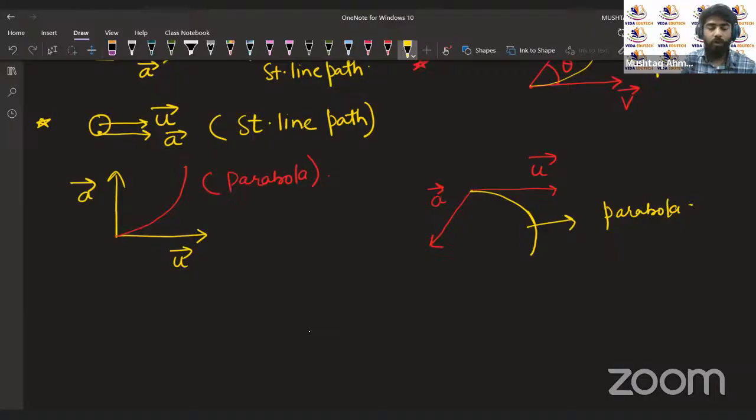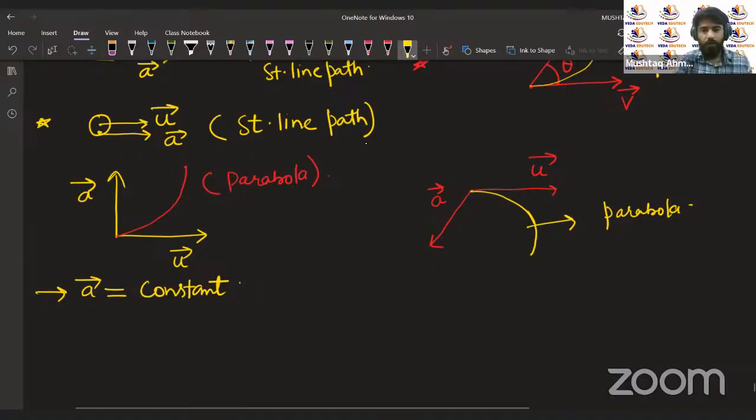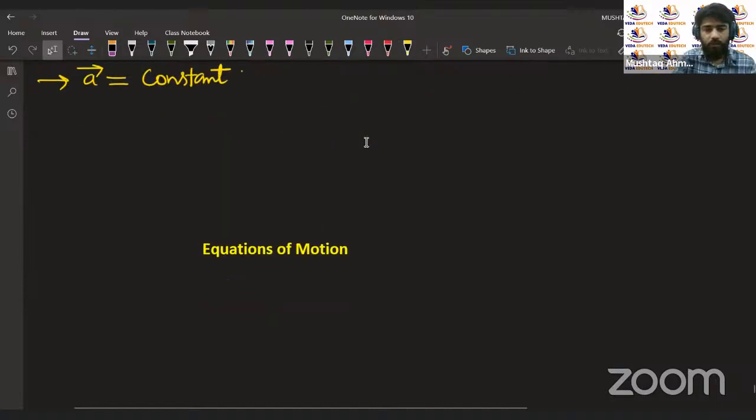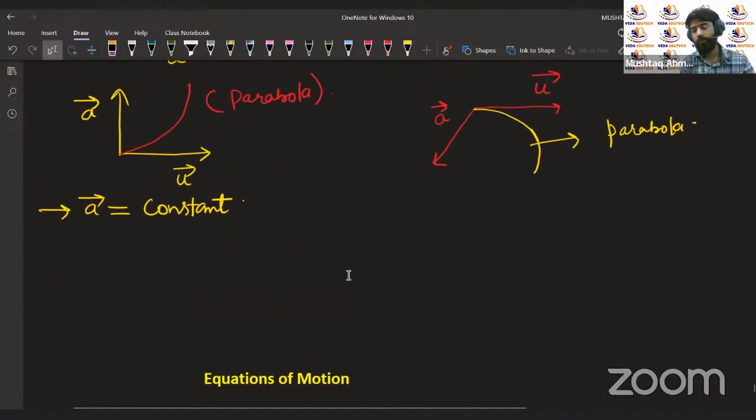It will be a parabola only if the acceleration is constant, right? The acceleration should not change in direction or magnitude. So that's it. We studied how the acceleration plays an important role in deciding the trajectory of the particle.